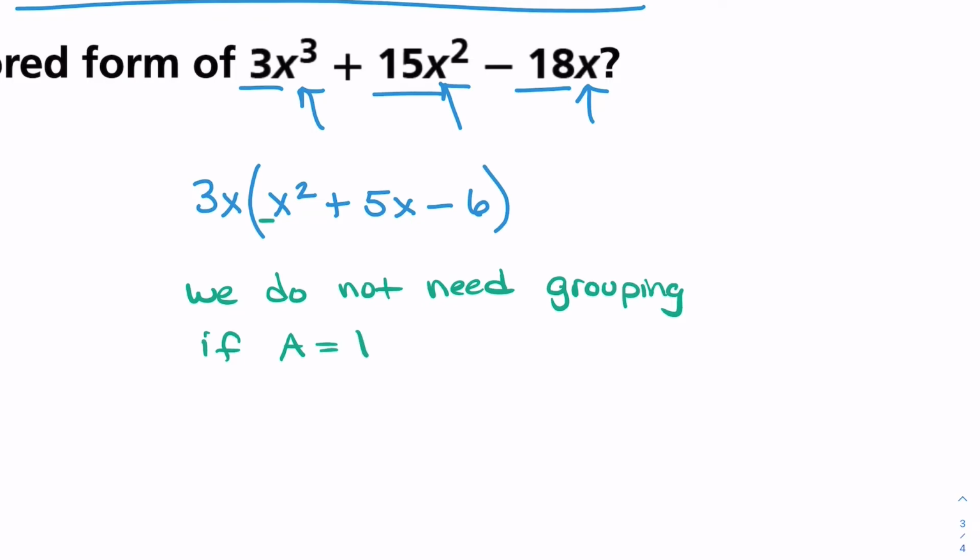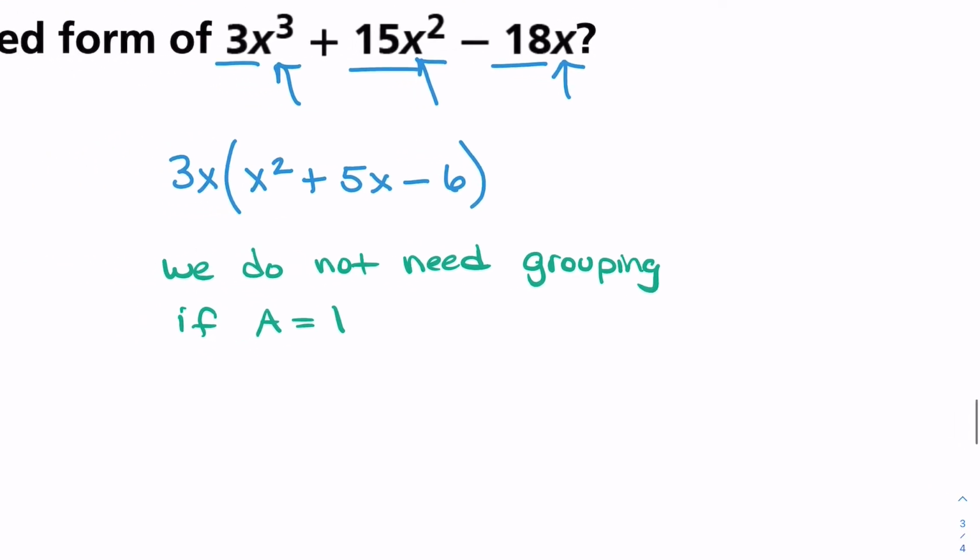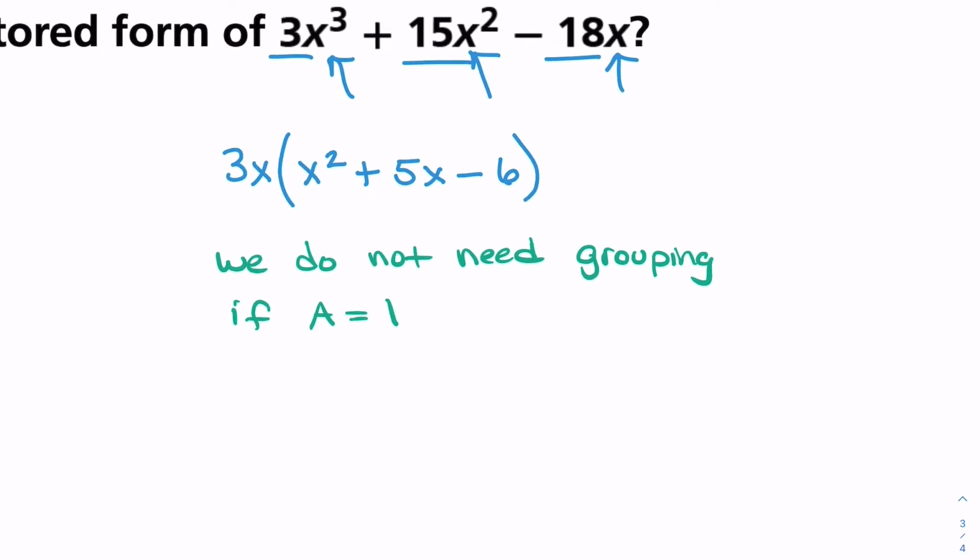So see how a is equal to 1 right here? We don't need it. We can definitely do it, but it's not going to matter. So let's show you what it looks like. Let's ignore the 3x for now. Let's just take x squared plus 5x minus 6. We'll put the 3x back there later.